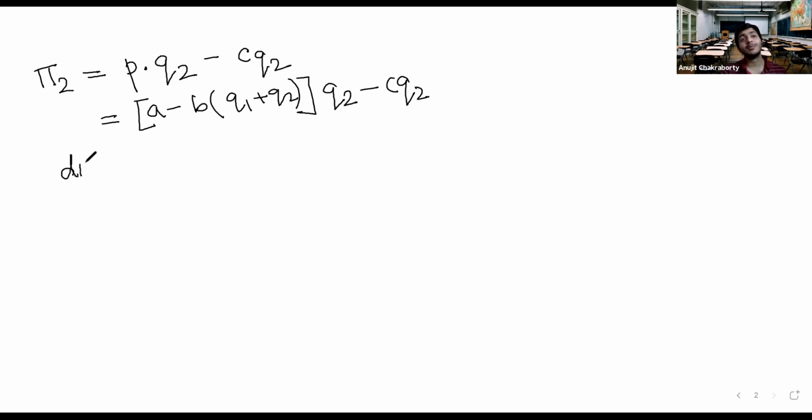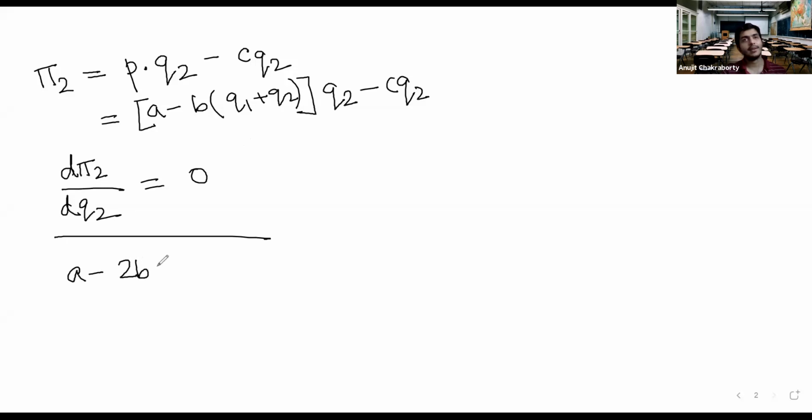Well, firm 2 must be trying to maximize her own profit with respect to the quantity she's producing. So that means this must hold. If that holds, then we can take this derivative right here and set it to 0. You're going to get A minus BQ1 minus twice BQ2 minus C, and that is going to be equal to 0.